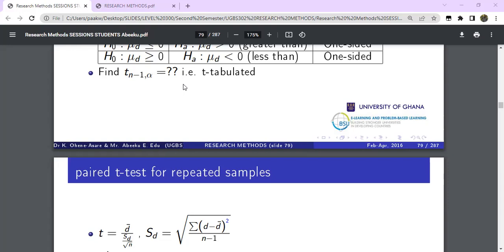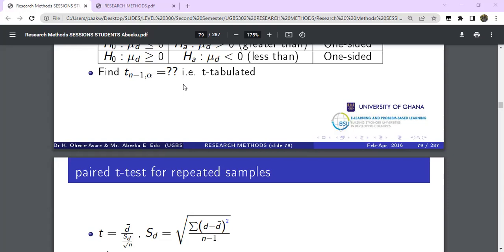Most of the times with this research method, you don't draw the curve. You compare the calculated and the t critical. When we are having two approaches in deciding, critical value approach and p-value approach, with the critical value approach, you will reject H0 if t calculated is greater than t critical. Otherwise, fail to reject.